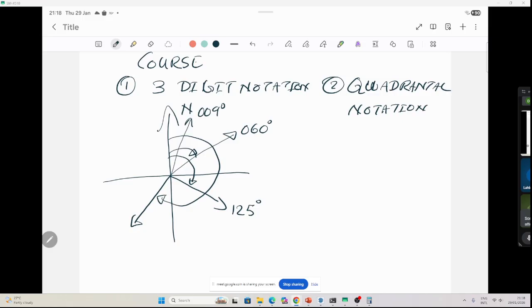Let's say this is 180, so this is 205 degrees. And this course is how much? This is 270, this is 90, this is 180.